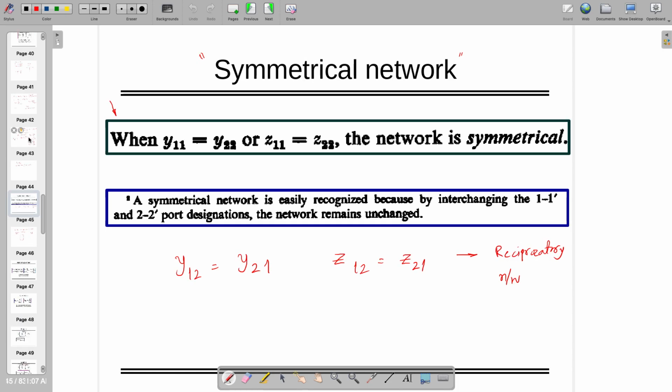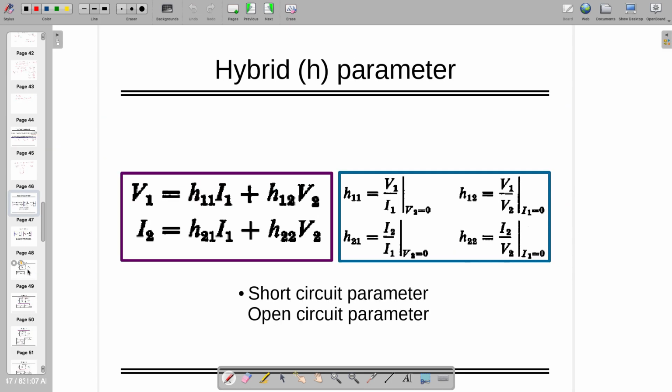Okay, so we studied symmetrical and reciprocal networks, and they depend on their Y parameters and Z parameters. There is a new class of parameter, known as H parameter or hybrid parameter.